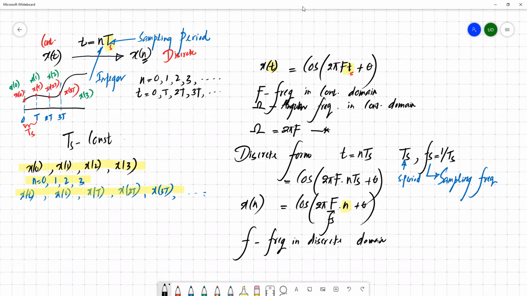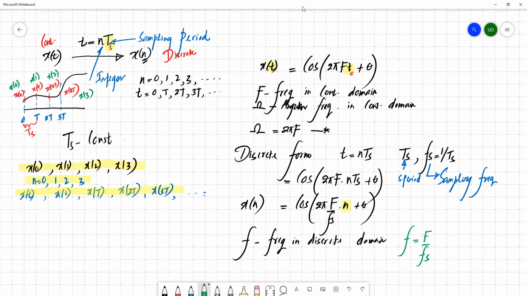If we consider this, in between 2π and n, we have this frequency component. So we can say that f equals F divided by Fs.